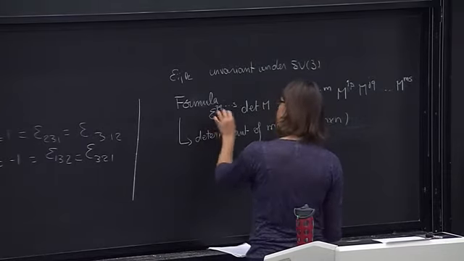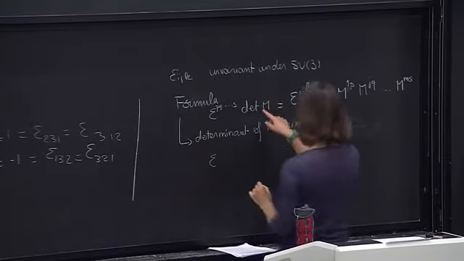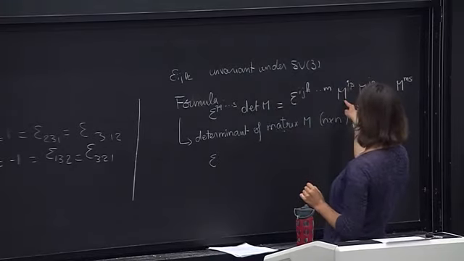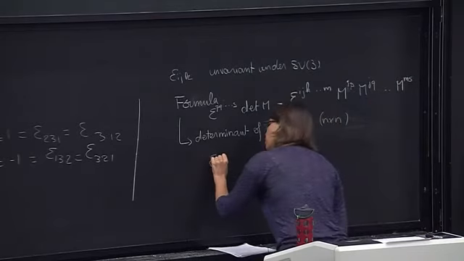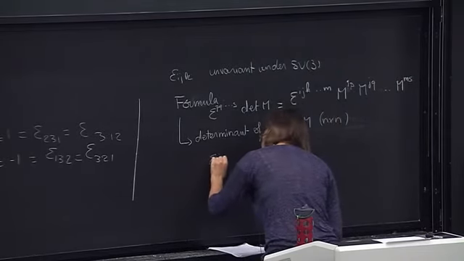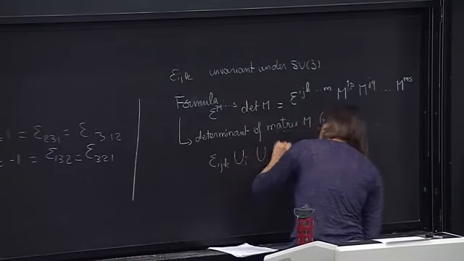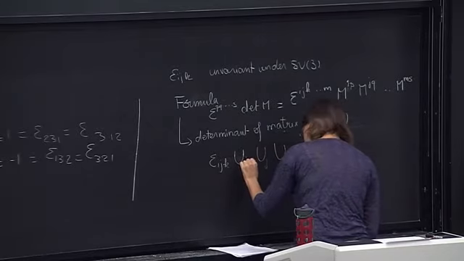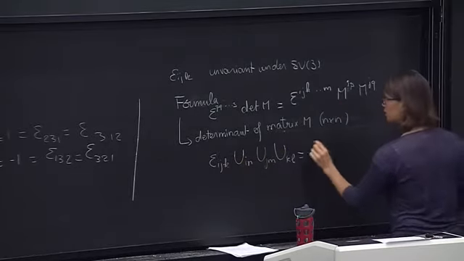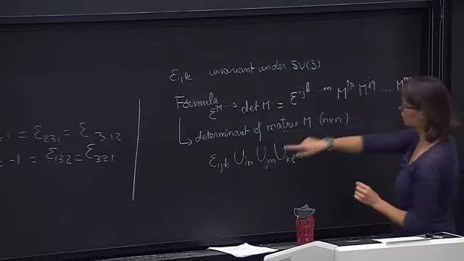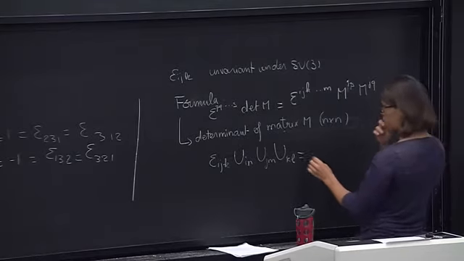So in the case of epsilon ijk, n is equal to 3, what do we get? And now I'm looking not at any matrix, but at a unitary matrix. So for a unitary matrix, the determinant is going to be 1. So here what I get is epsilon ijk u_i u_j u_k, and then I need some additional indices here. This is this side of the equation applied for M equal to U, and we have only dimension 3.